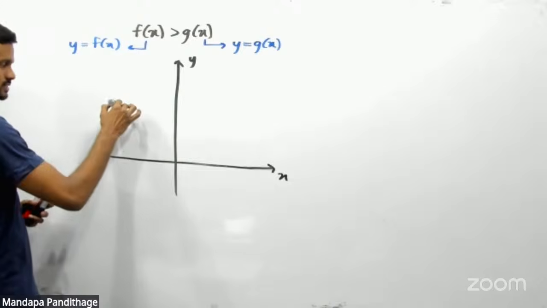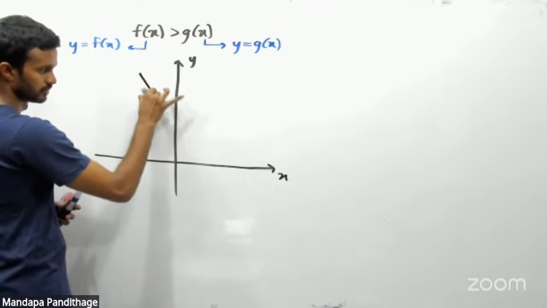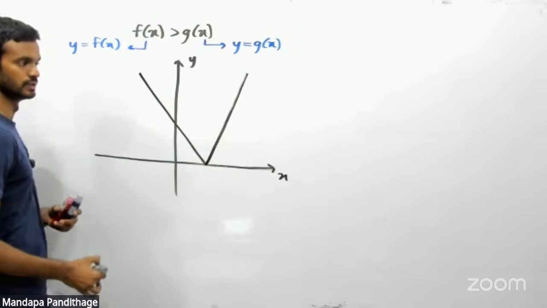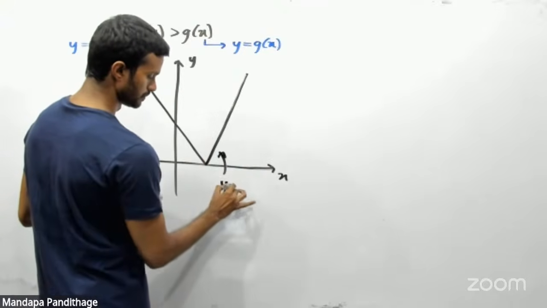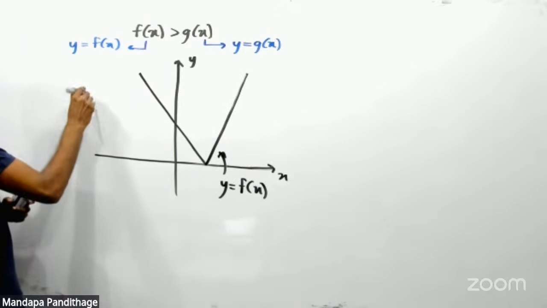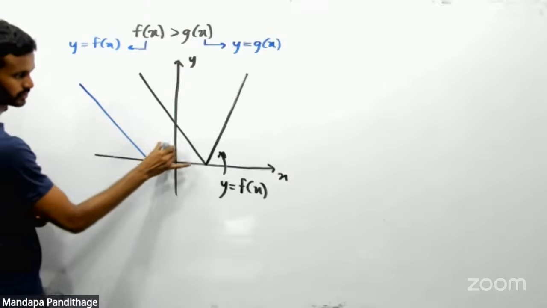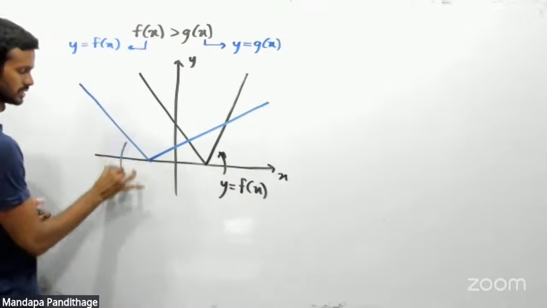Now let's just assume that here we have y equals f(x), and here we have y equals g(x). So g(x) goes in this way.